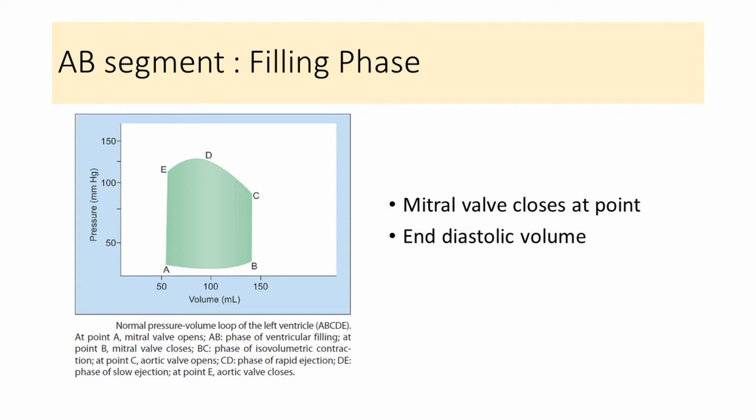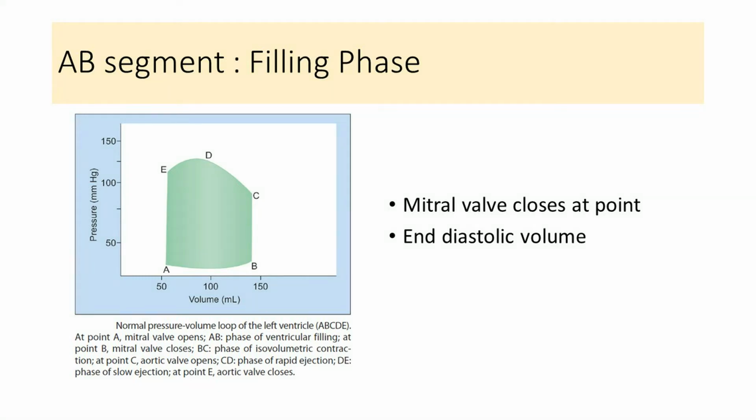Now the volume inside the ventricle at point A is about 50 ml, and that is the end systolic volume. The volume present at point B is known as the end diastolic volume.